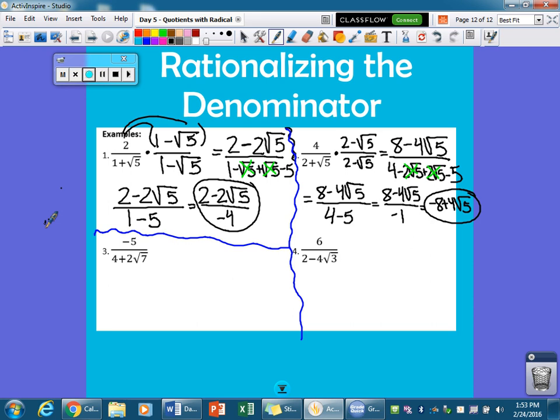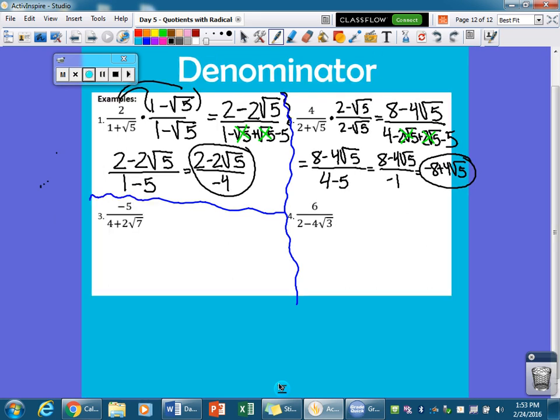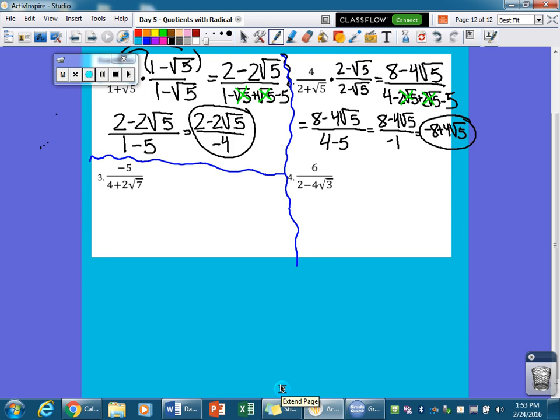All right, here comes the next two. So I'm going to multiply by the opposite: 4 minus 2 square root of 7 over 4 minus 2 square root of 7. Numerator becomes negative 20 plus 10 square root of 7 over, well, 4 times 4 is 16.